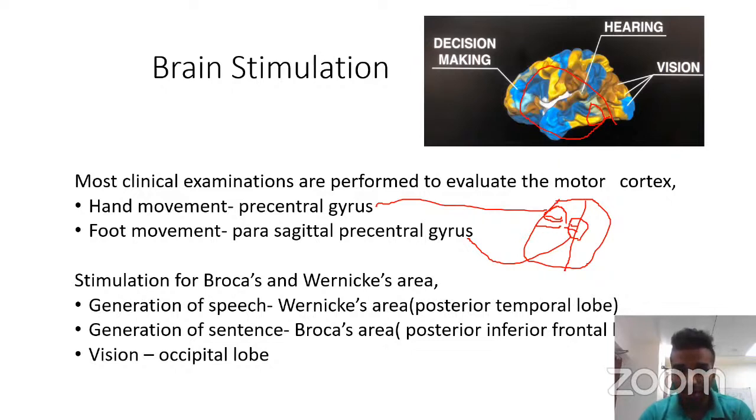And the inferior posterior region of the frontal lobe, almost here, controls sentence formation. When you hear any word, immediately some thought is generated in your brain. These things are controlled by Wernicke's and Broca's regions, and the temporal lobe generally controls hearing.